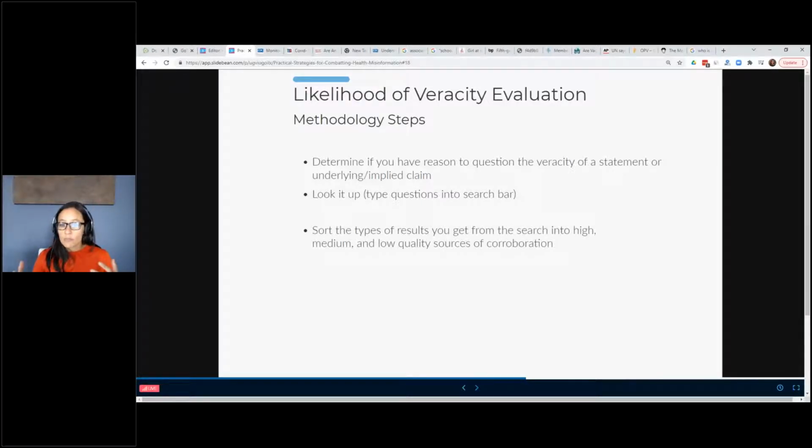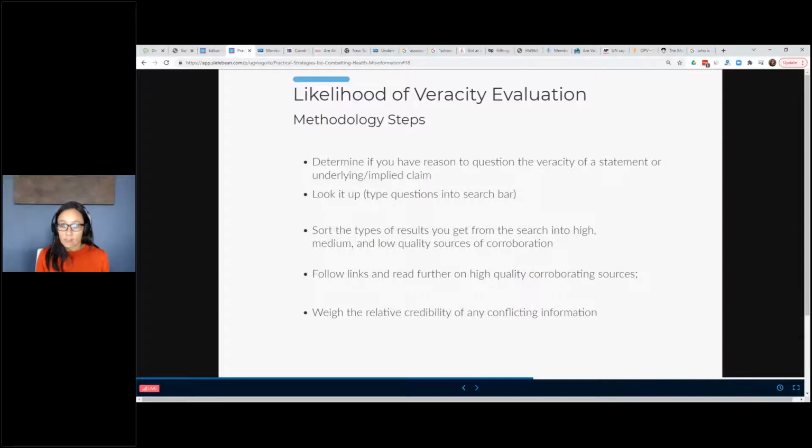Three, sort the types of results that you get into high quality, medium quality, and low quality sources of corroboration. So when you search something, it's not just search it, but what different buckets of search results are you getting? Follow the links and read further on high quality corroborating sources, and then weigh the relative credibility of any conflicting information.